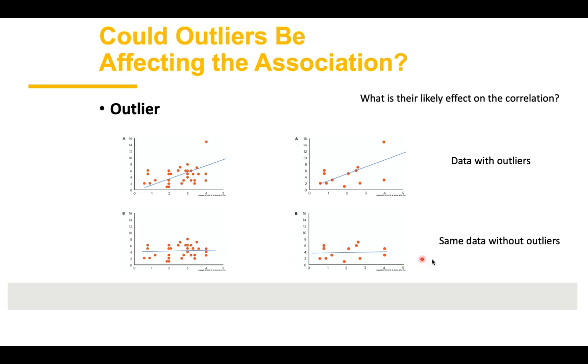This is a zero correlation, right? Nothing's going on here. Our line of best fit is straight across. There's no relationship between our two variables on our y and x axes. But the addition of a single outlier in each of the cases above changes our perception of that relationship. That's dangerous, right? We don't want to be making broad scientific conclusions based upon a single data point.